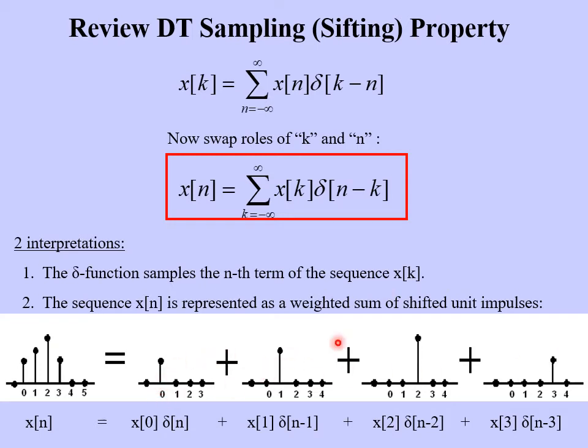Each of these individual terms can be represented by x of 0 times a delta function, x of 1 times a delta function shifted over by 1, x of 2 multiplied by a delta function shifted over by 2, and so forth. When we add all these terms together, we get exactly the summation shown here on the right side of this equation.